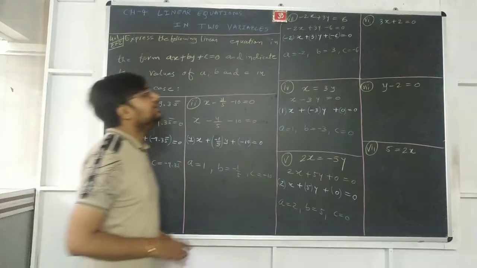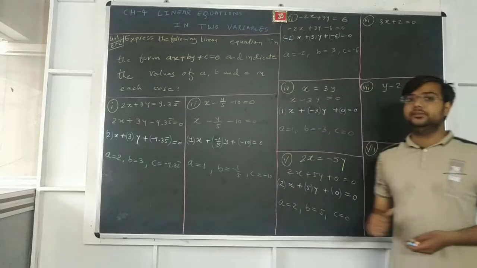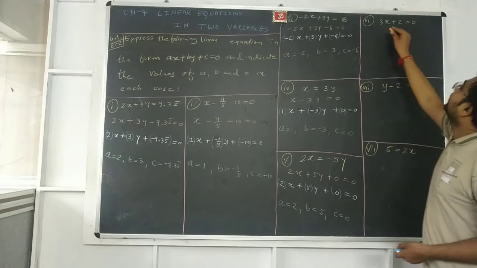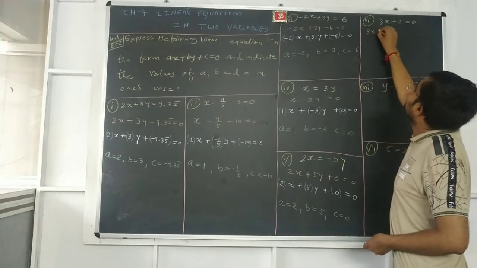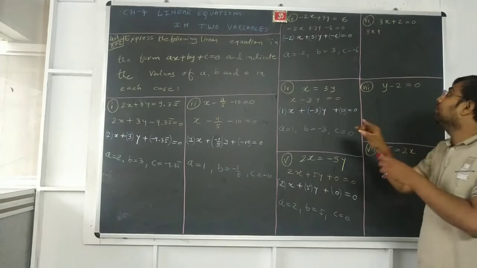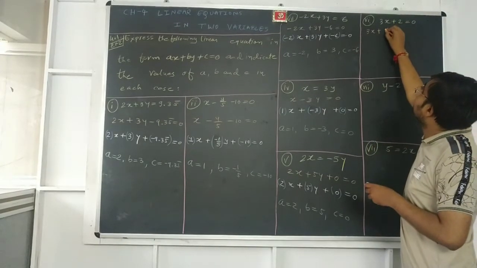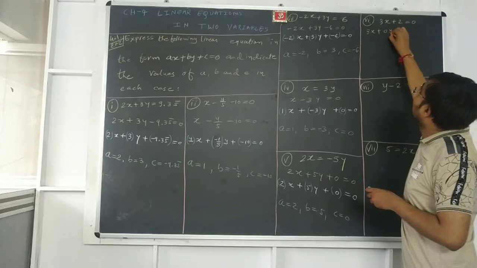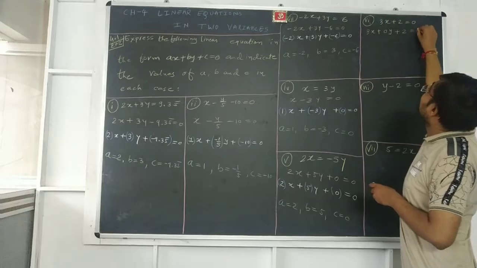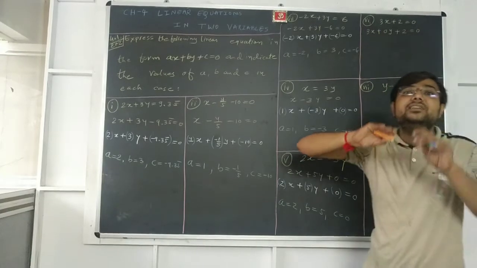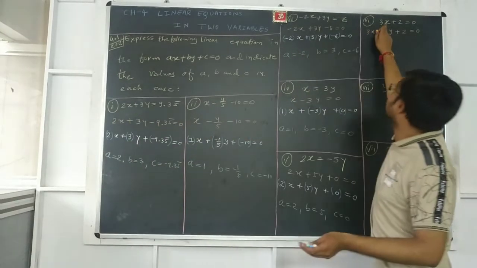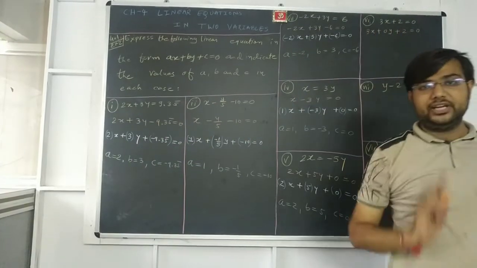Right? The last example of this question is 3x plus 2 is equal to 0. So here 3x plus, there is no term of y, so the coefficient is 0. So 0 into y is 0, plus 2. This equation is not a linear equation in two variables; it is a linear equation in one variable.